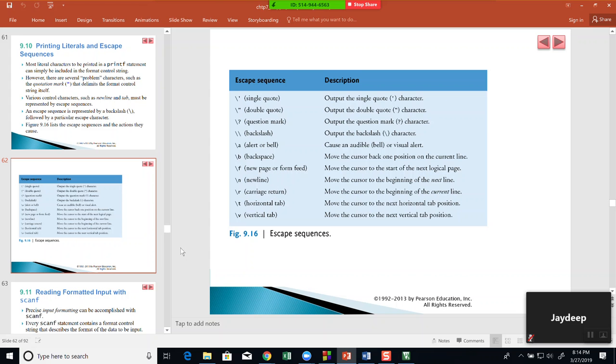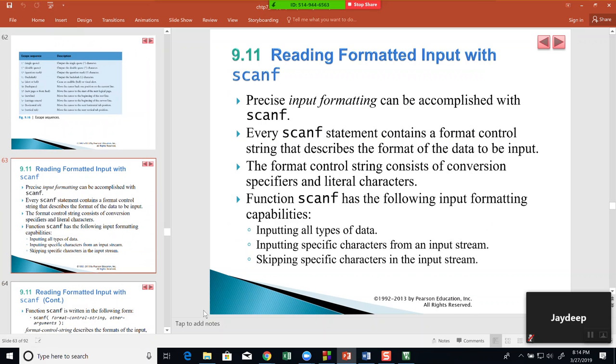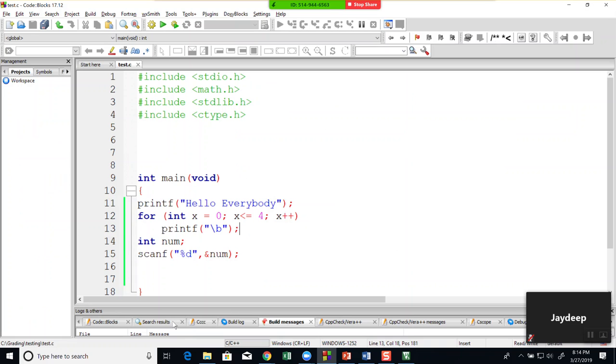Let's see. That's probably all exciting stuff there. Precise input formatting can be accomplished with scanf. Every scanf statement contains a format control specifier that describes the format of the data to be input. By the way, this is like a pause I put in here, where you do a scanf and you don't do anything with it.